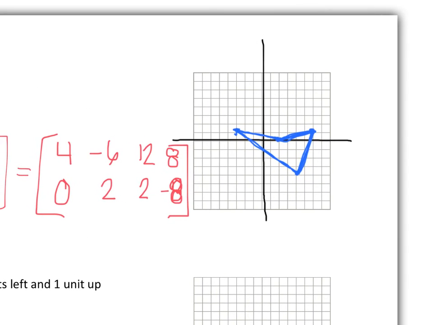So let's see if that worked. The 12 is kind of off the grid there. 8, 9, 10, 11, 12. Kind of estimate that one. It's kind of hard to see where it points.